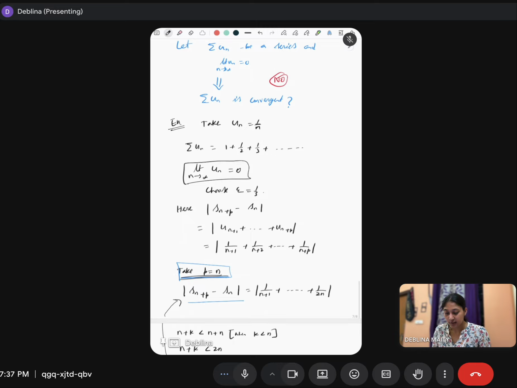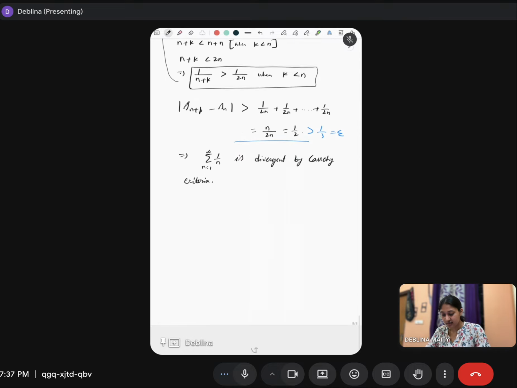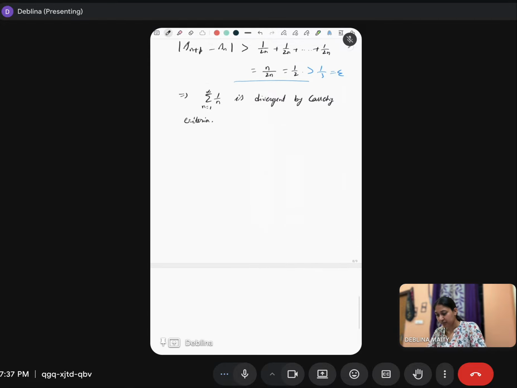Okay. Now there are some tests to test the convergence of non-negative series. So we'll discuss some tests for convergence of a non-negative series.